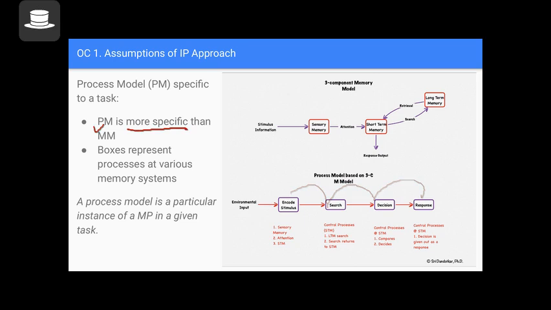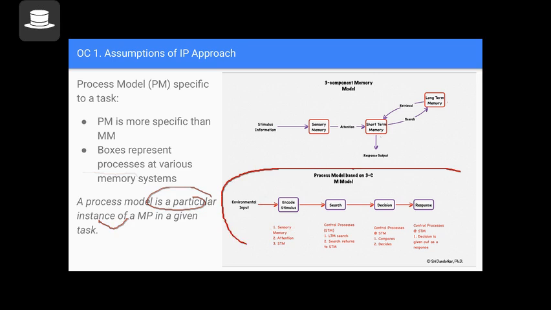Boxes in the process model represent processes at various memory systems. So you can define a process model as a particular instance of a mental process in a given task. So a process model is a particular instance of a memory model about a specific mental process, and it is very specific to a given task.